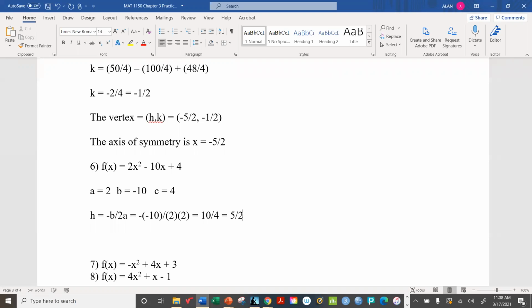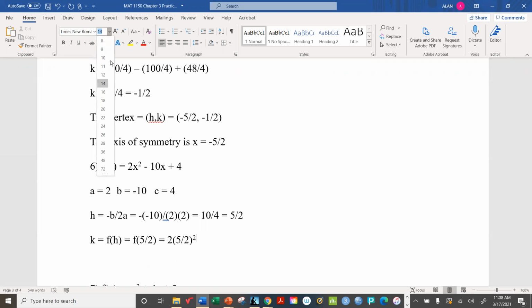The 10 fourths are 5 halves, and k therefore is f of h, f of 5 halves, 2 times 5 halves squared, minus 10x plus 4, 2 times 25 fourths, minus 50 halves plus 4. We get a lot of halves and quarters for some reason in these. I don't know why.